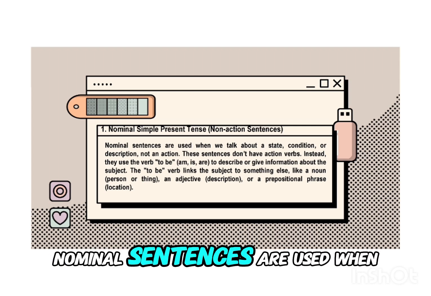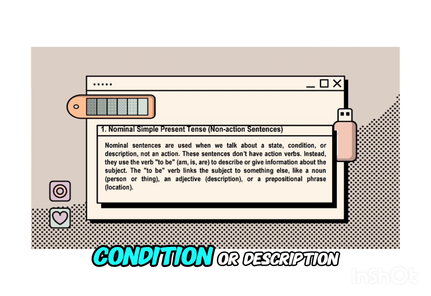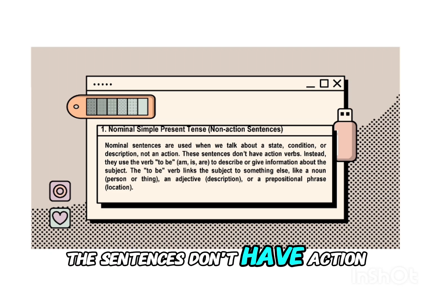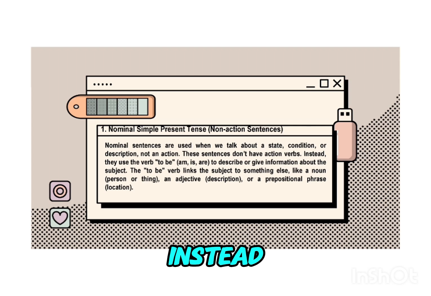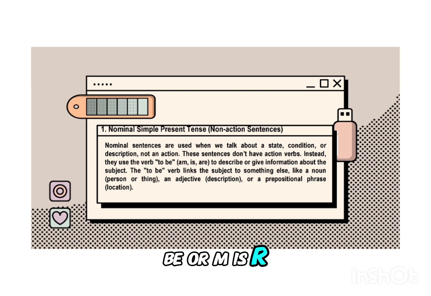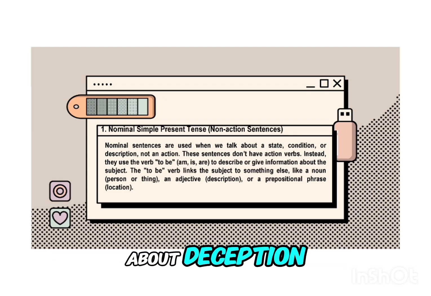Nominal sentences are used when we talk about a state, condition, or description, not an action. These sentences don't have action verbs. Instead, they use the verb to be, am, is, are, to describe or give information about the subject.